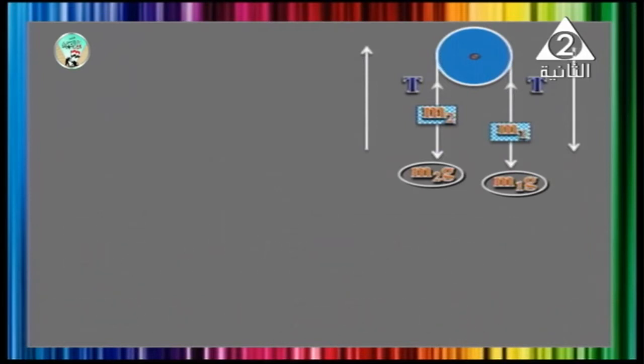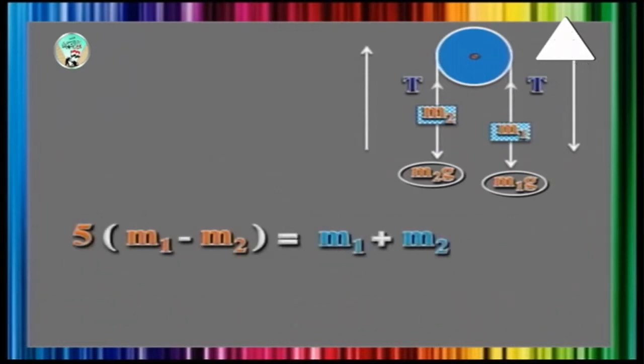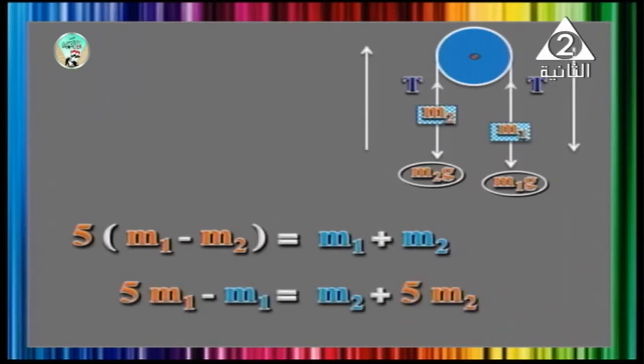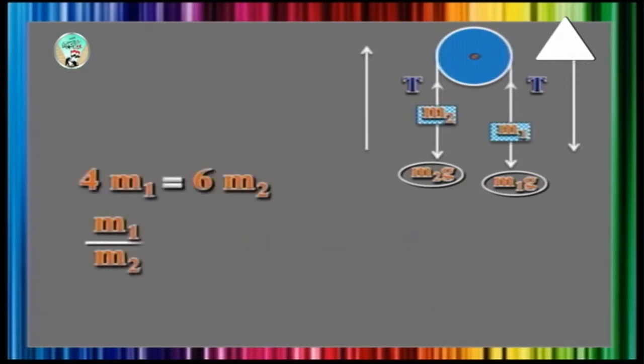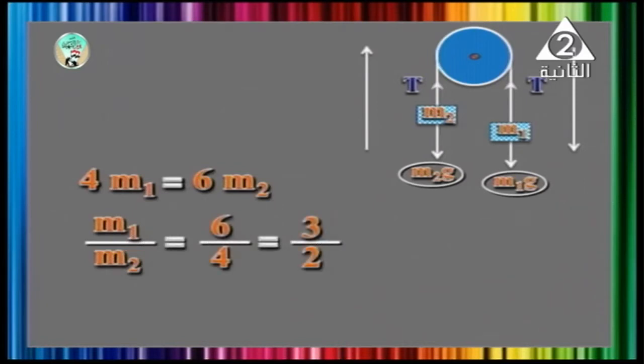To find the ratio, we find 5M1 minus M1, therefore 4M1 equals 6M2, M1 over M2 is 6 over 4, dividing each term by 2, the answer is 3 over 2. Then the ratio between M1 and M2 equals 3 over 2, or M1 equals 3 over 2 M2, or 1.5 M2. Then the ratio between M1 and M2 equals 3 to 2.